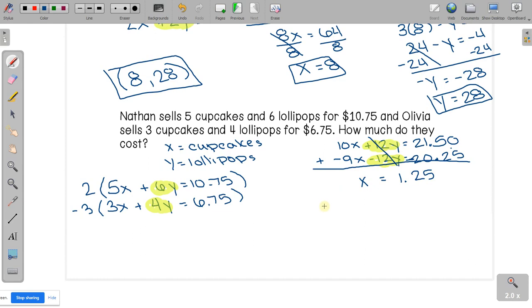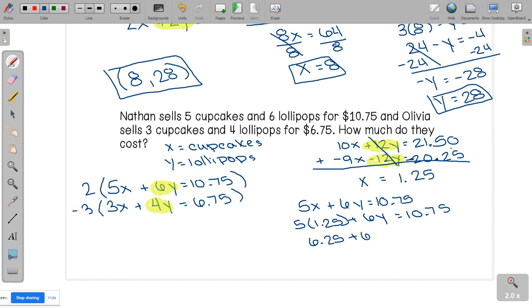Now let's find the price of the lollipops, y. So if we take our top equation, 5x plus 6y equals 10.75, and substitute in $1.25 for x. So 5 times 1.25 plus 6y equals 10.75. Multiply. 5 times 1.25 is 6.25.